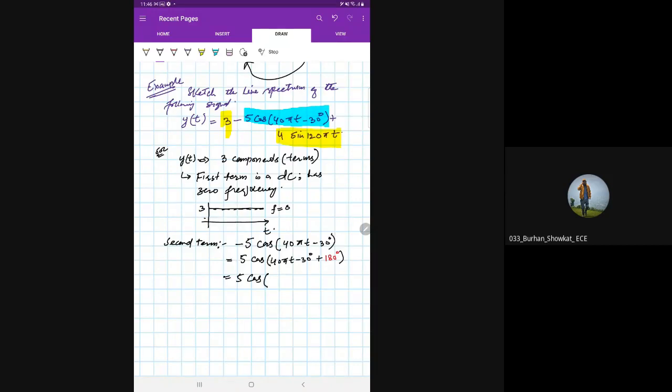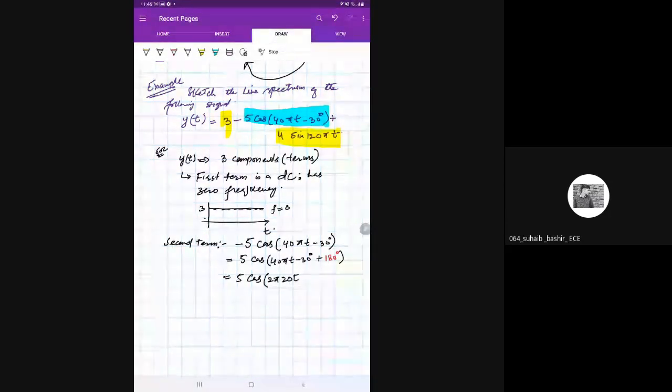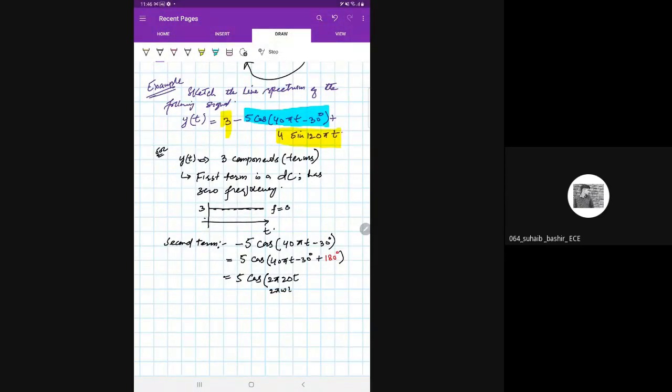If we write it in the form of 2 pi omega t, it is 2 pi 20t. 2 pi 20t will make it the same. And what will be the angle? It will be 150. So that is one term done now. So the third term, we have the third term.